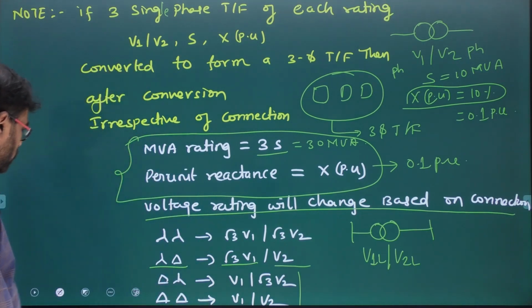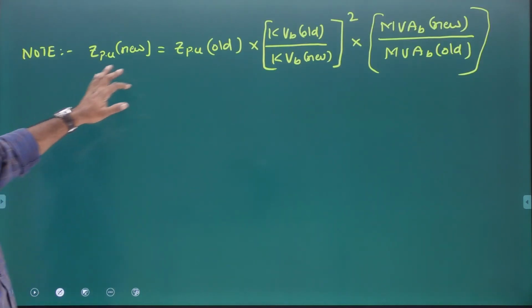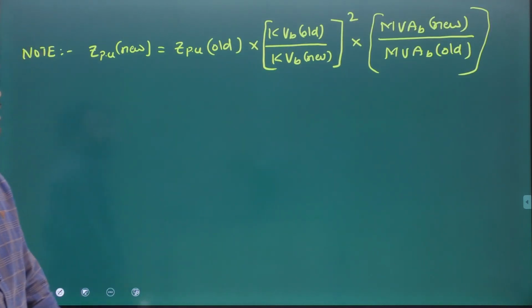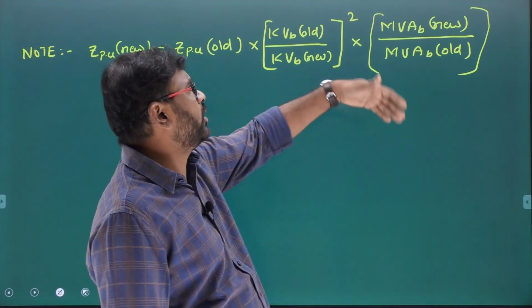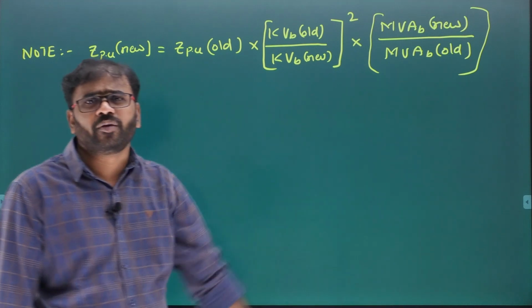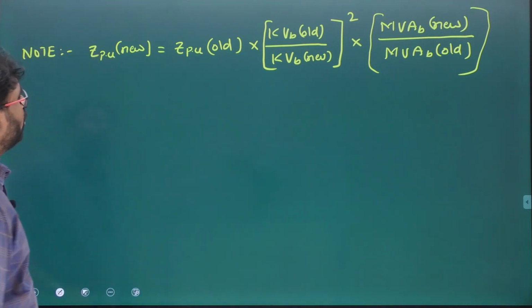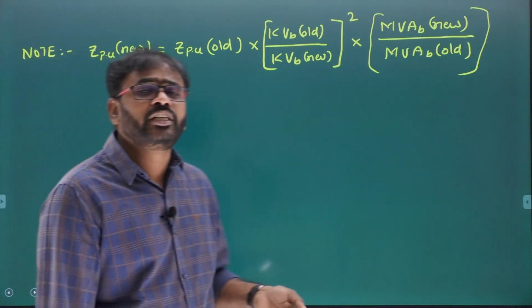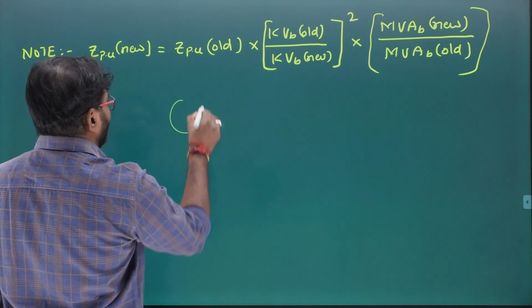Anyway, the next one, the last formula: Z per unit new equals what? Z per unit old into (KVB old) whole square by (KVB new) whole square, times MVAB new by MVAB old. What you can understand from here is that generally we come across the changing of base quantities. For example, let's say I have a transformer and generator.